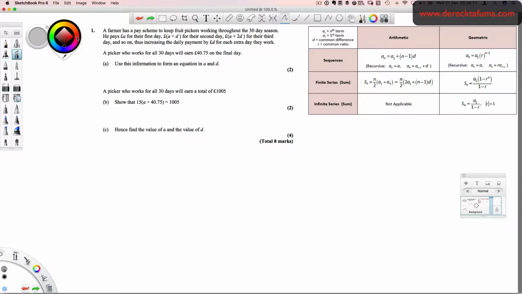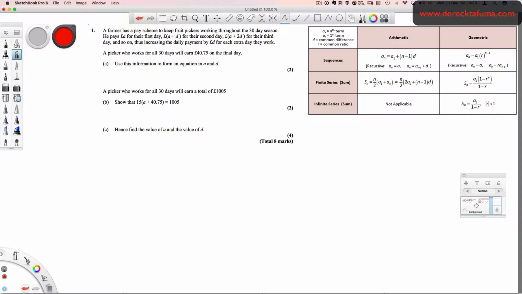Let me just change this to another color, so it's different from the black and easier for us to write.